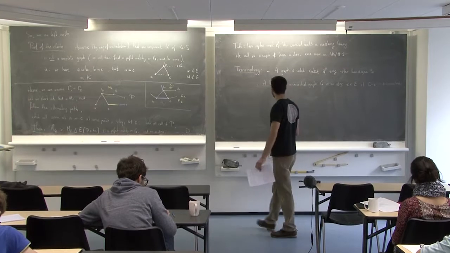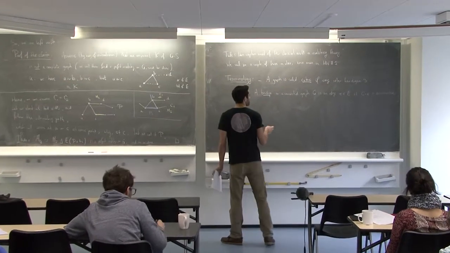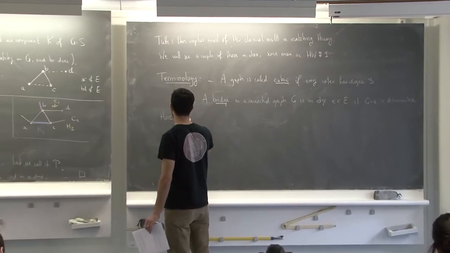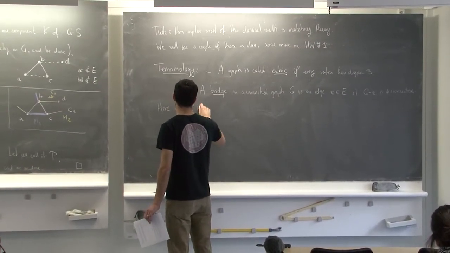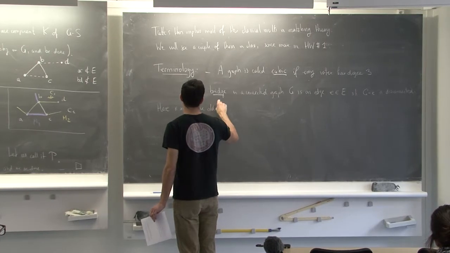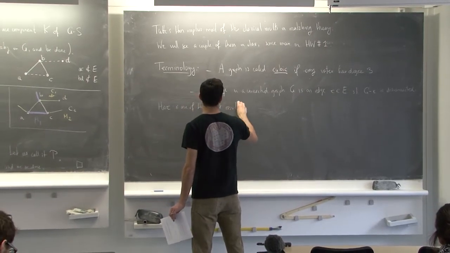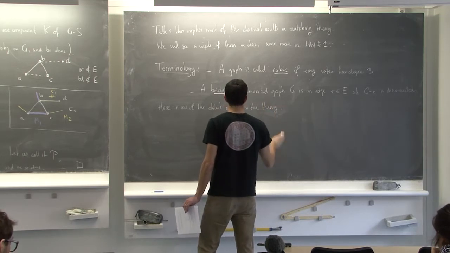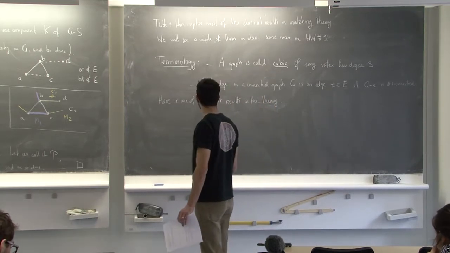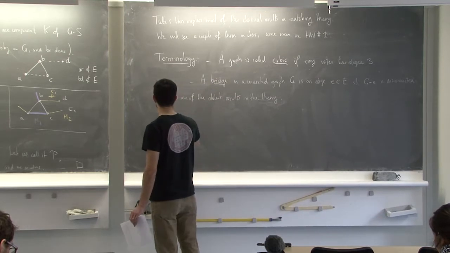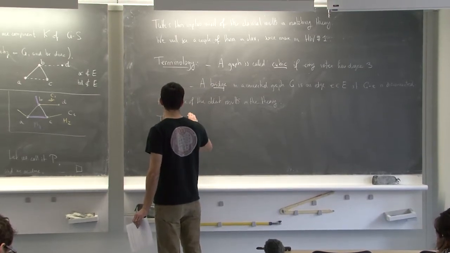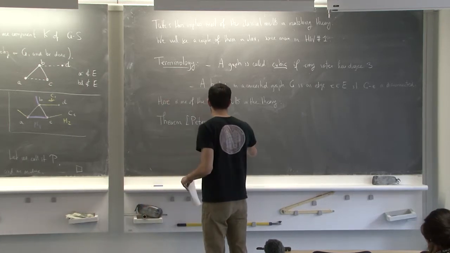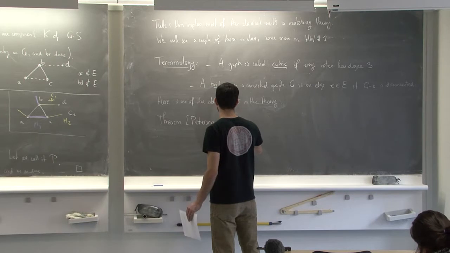And I will state this consequence. It's one of the oldest results in matching theory, and you will see probably next time that it actually follows quite easily from this theorem. So it's the theorem of Petersen. It dates back from 1891.